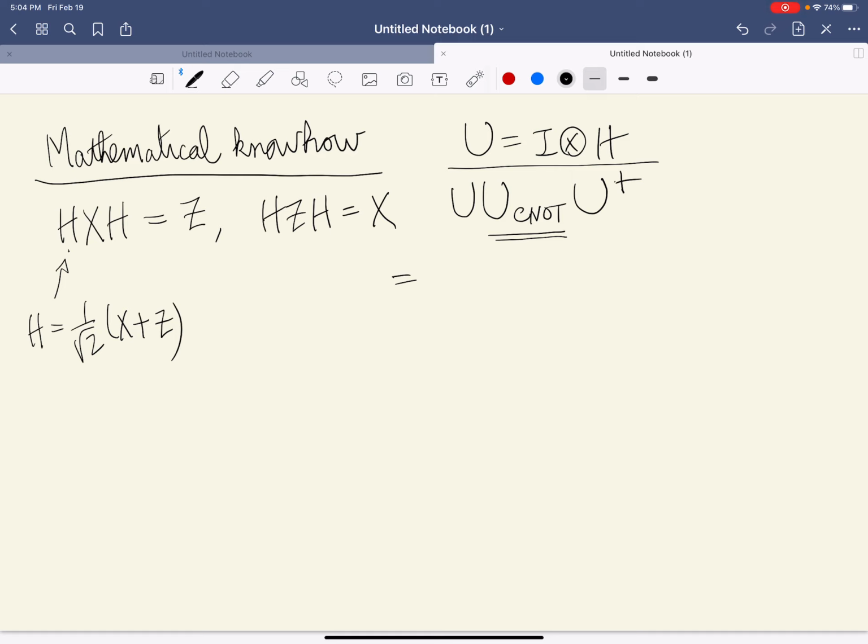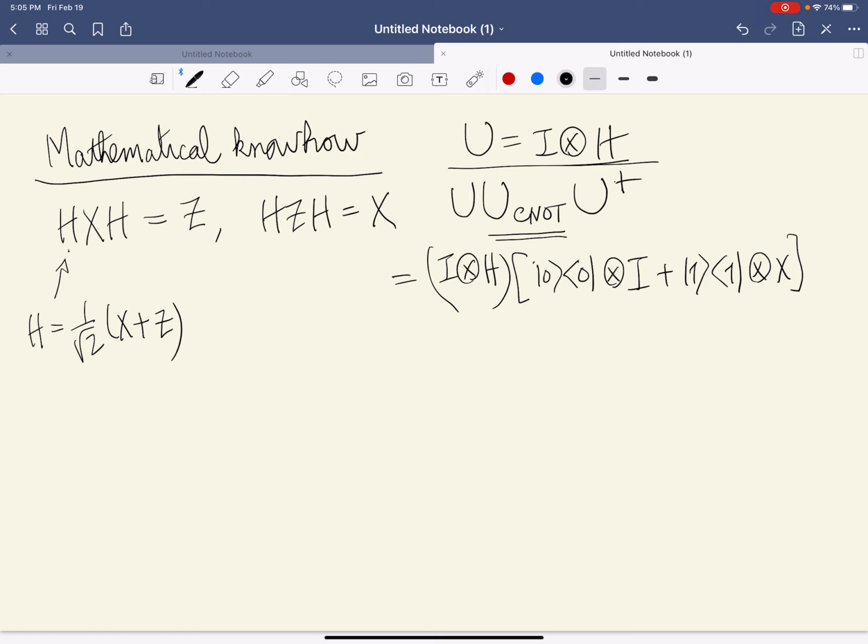And U is given here, so I cross H to the left. And U Cnot was 0, 0, cross I, plus 1, 1, cross X. And U dagger, in fact, you can check that U dagger is the same as U.